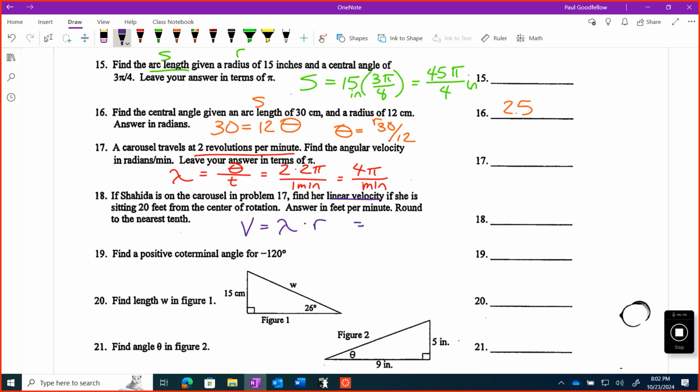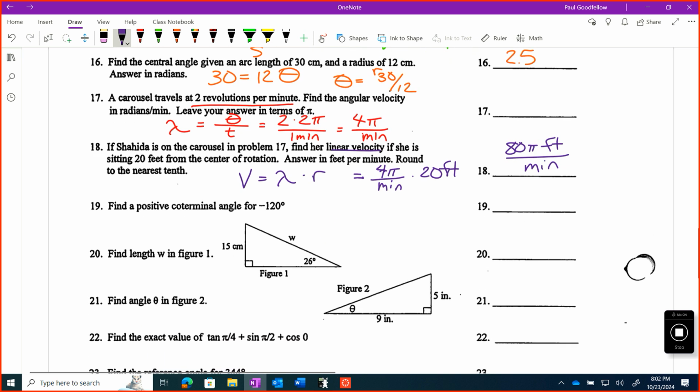This answer would end up being 4 pi per minute times the actual radius, which is 20 feet, and we will end up with 80 pi, that's 80 pi feet per minute is what her linear velocity will be, okay? A lot of those are really easy, guys. You just need to know those 3 formulas. S is equal to r theta, lambda is equal to theta over t, and the linear velocity is v equals lambda r.